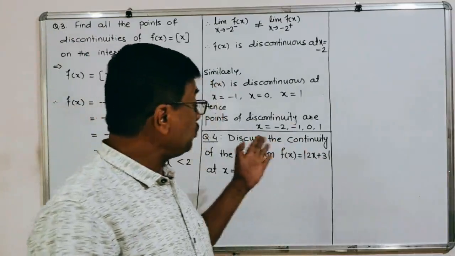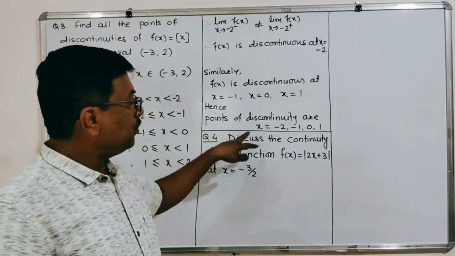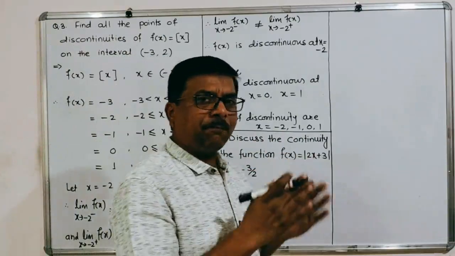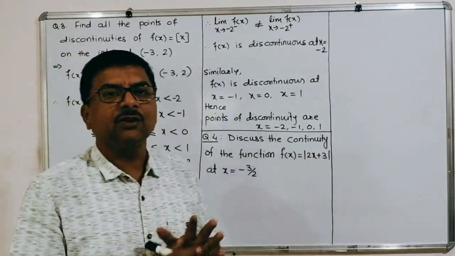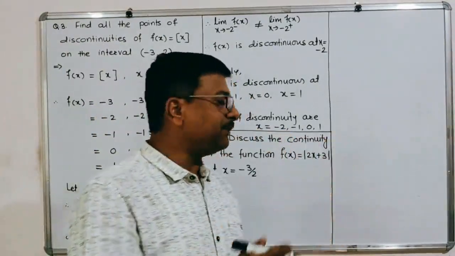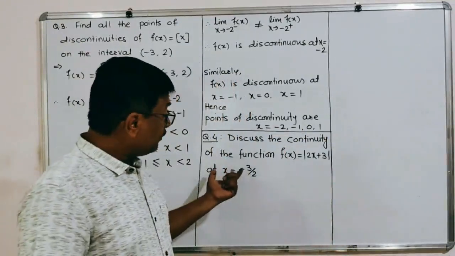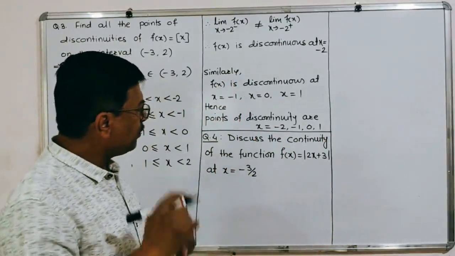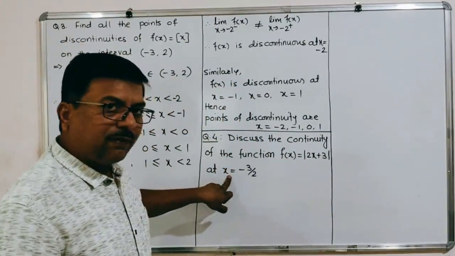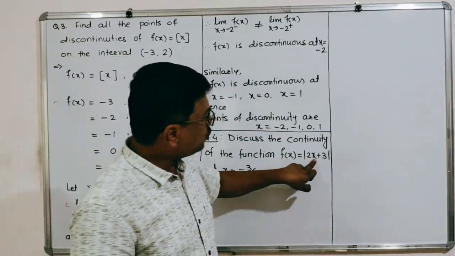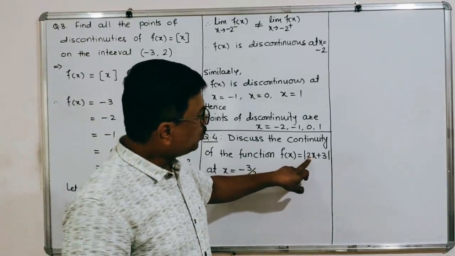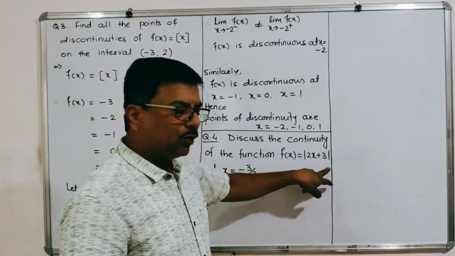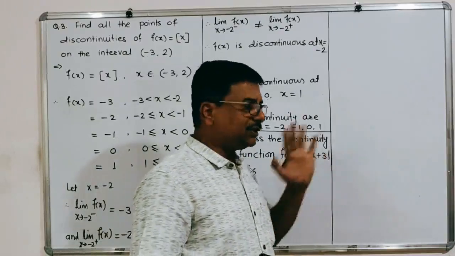But as we want to discuss the continuity, we must redefine this function again, because the function changes for less than and greater than values. If you substitute the value x is equal to -3/2 in this function, then 2 into -3/2 becomes -3, plus 3 means 0, and mod of 0 is always 0.